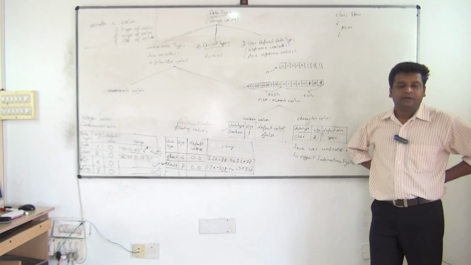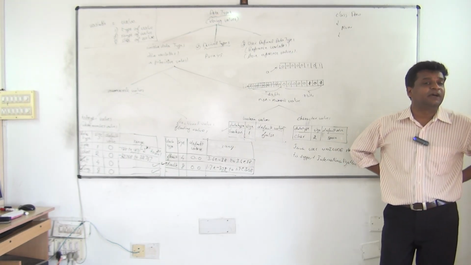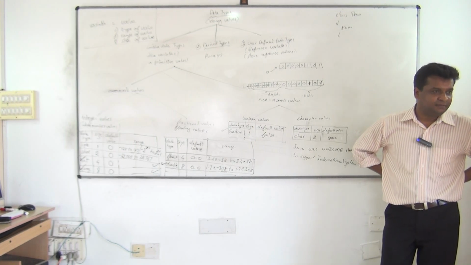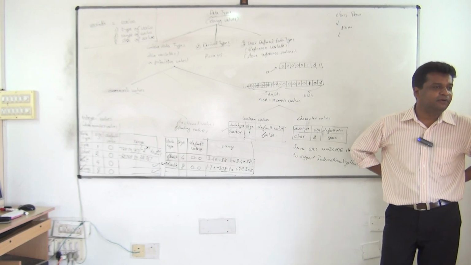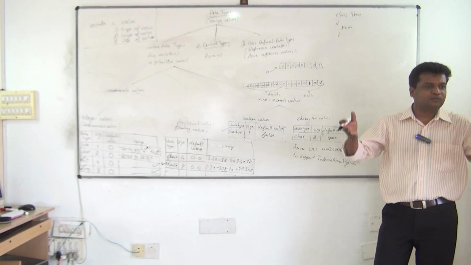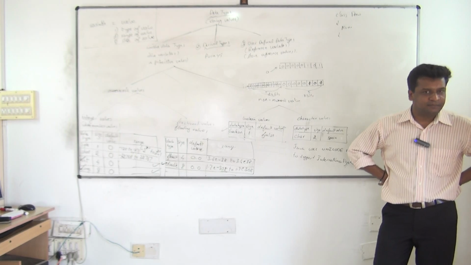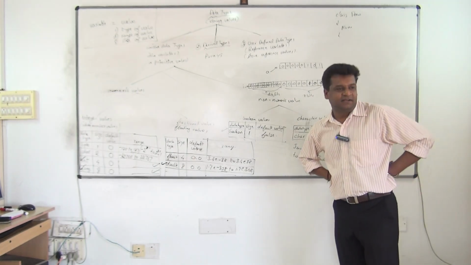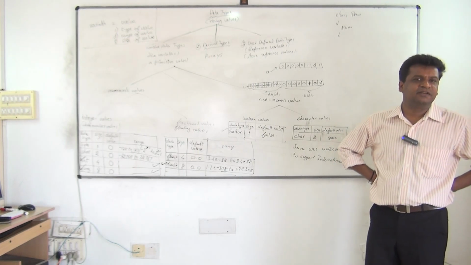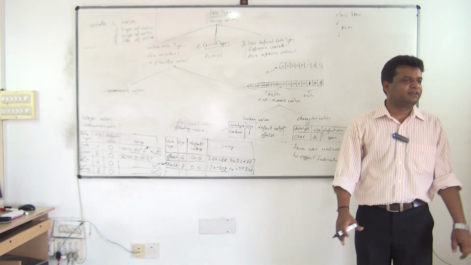Next point. It's a process of converting bigger data value to smaller type. We'll convert big value to small now. Both are correct. You can say any statement, but actually one is not that very technical. The second one is more technical.